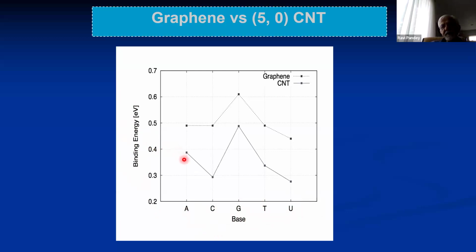So this is your carbon nanotube, and this is your graphene. And you find indeed the guanine interacts very, very strongly. It does not matter if it is a small diameter or large diameter carbon nanotube. Adenine and cytosine have a different variation because of the curvature effect, but thymine and uracil again have different responses.